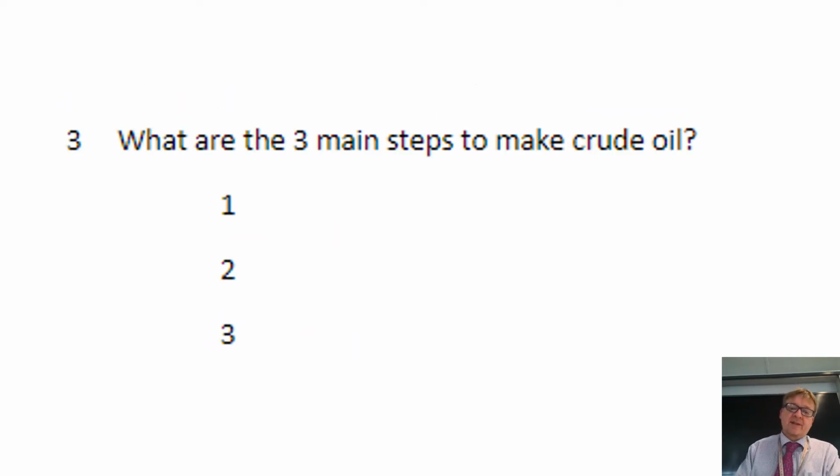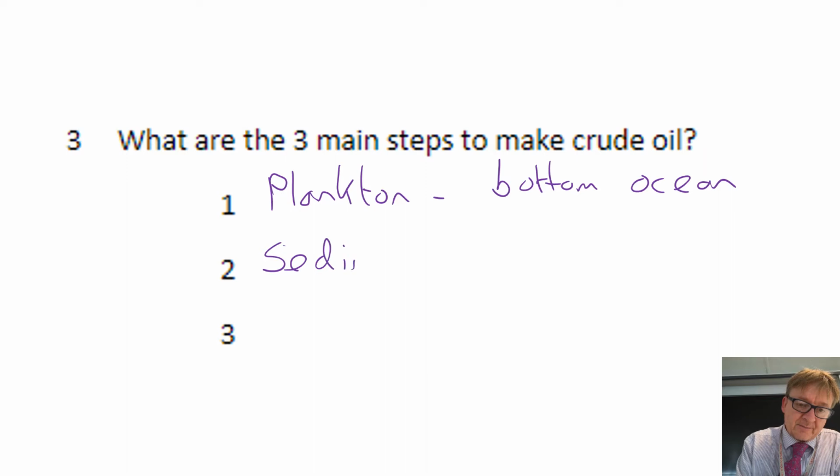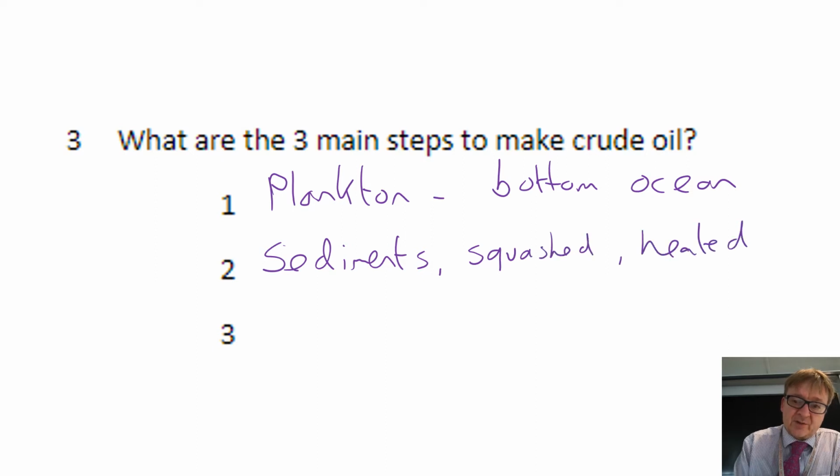What are the 3 main steps to make crude oil? Okay, firstly, it is plankton, so little tiny living sea creatures sink to the bottom of the ocean. Then once they've sunk to the bottom of the ocean, they get covered in sediments, and they are squashed and heated, because the core of the earth is quite a bit hotter.